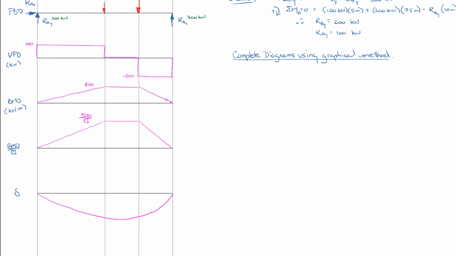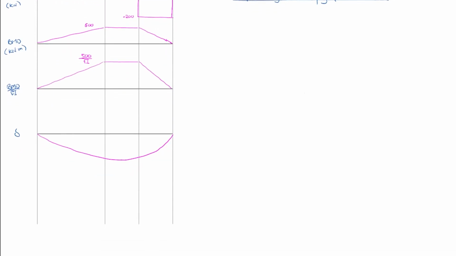And this is what we're going to use to apply the moment area method to get displacements and tangents. If we look back at the question, the first thing it wants is the angles of rotation theta A and theta B. So that's fairly straightforward. I'm just going to slide my page up a little bit so I don't run off the bottom of the page, and we can draw in our tangents.